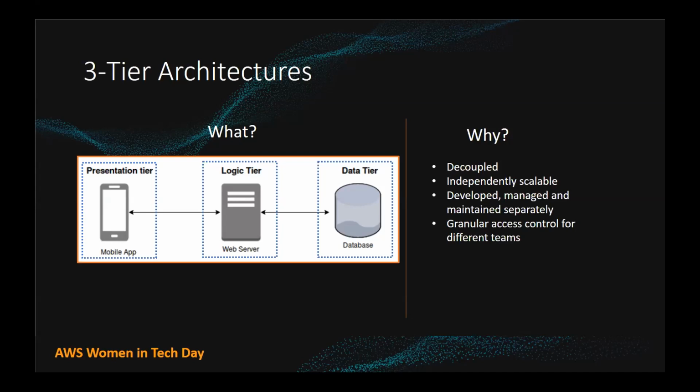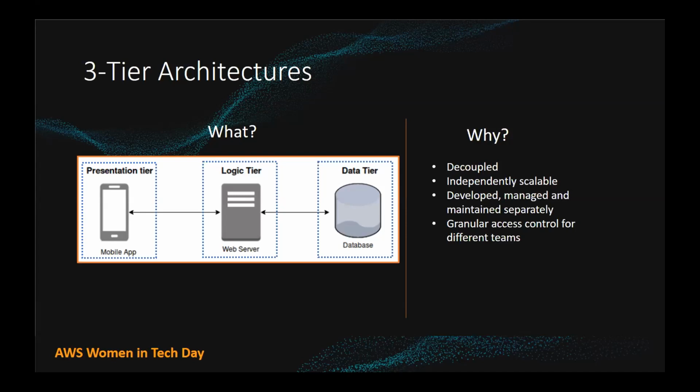You can scale the tiers independently. I need not scale the logic tier in proportion to the presentation tier, nor the data tier in proportion to the logic tier. So we are talking about independently scaling the tiers, and they can be developed, managed, and maintained separately.